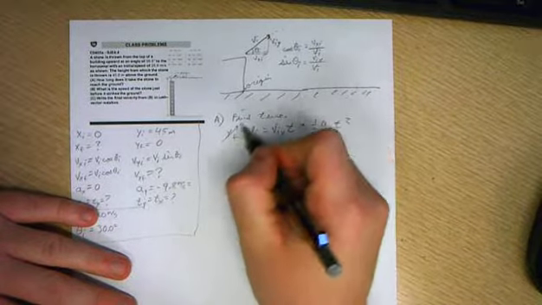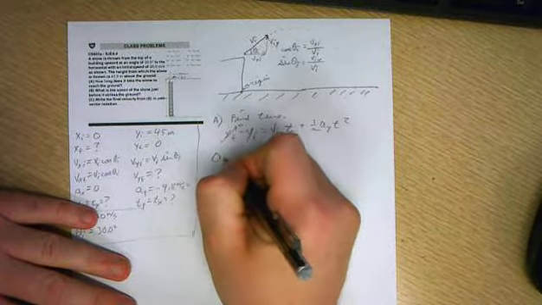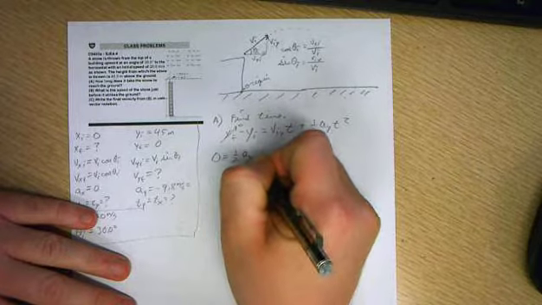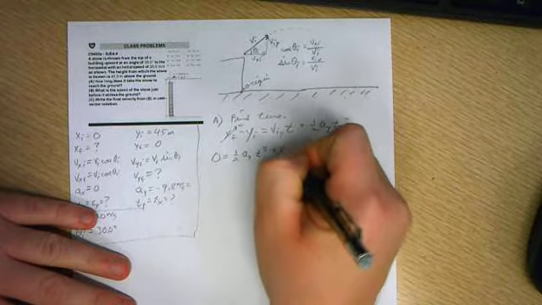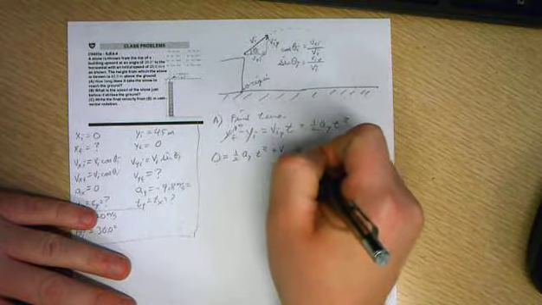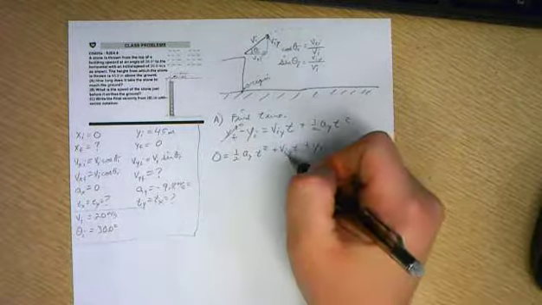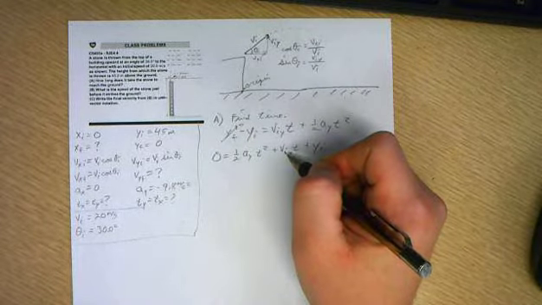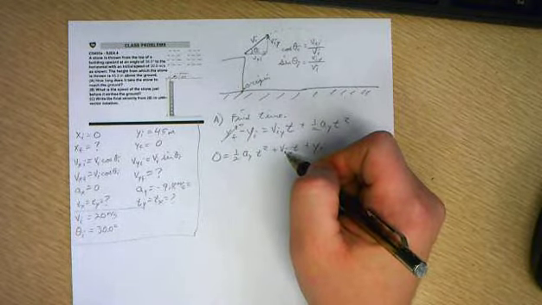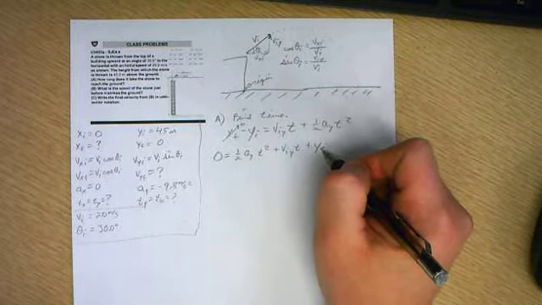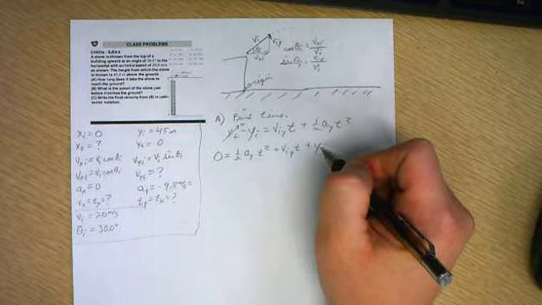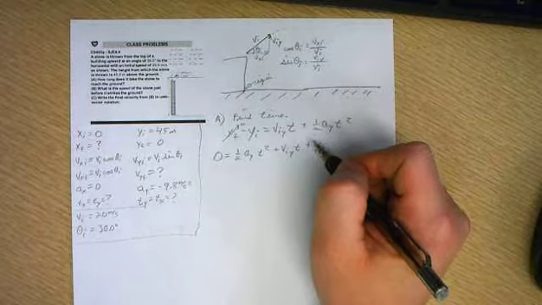The final does, so I can say 0 equals 1/2 Ay t squared plus Viy t plus y initial. So if this term were 0, that would be a much easier situation, but it's not. If this term were 0, that would be an easier situation, but that's not the case either. So now we have a quadratic.